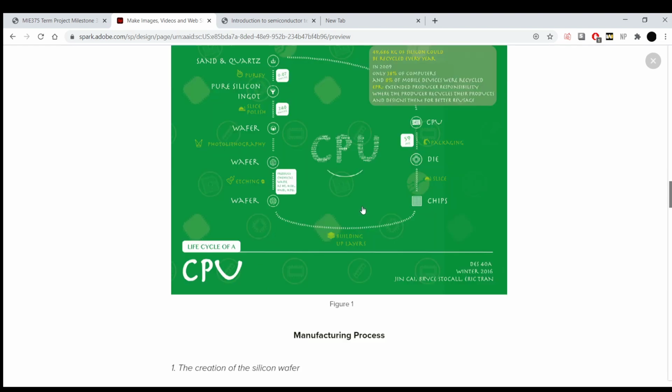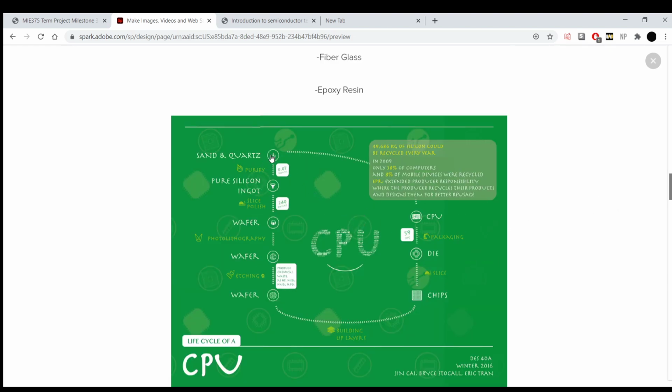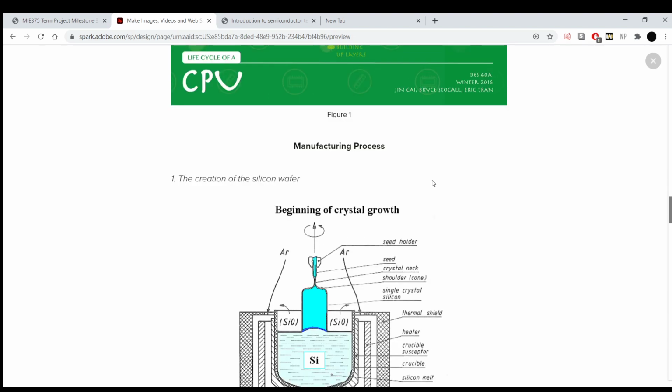Here's an image that shows the cycle, I guess, from sand and quartz to pure silicon ingot to wafer, and from wafer all the way up to a CPU, basically. Yeah, so let's get into the manufacturing process behind this.